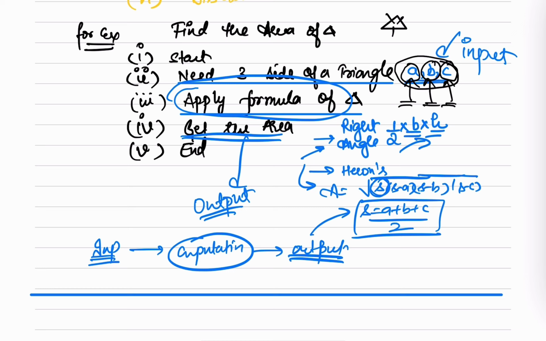Let me consider these values as integers: 2, 4, and 7. And here you might get a double, a fraction, but let me consider it as an integer too. So you need something to store those values.